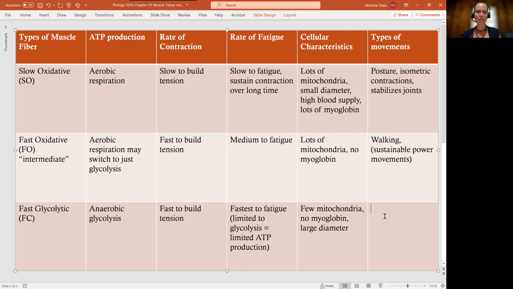Hopefully that resonates. When we talk about the fast glycolytic, these are going to be like rapid burst, like a burst of movement is what I'm going to call it here. Not sustained. Okay, so if I need to turn my head really quick to look at something, I start to feel fatigue really quick.